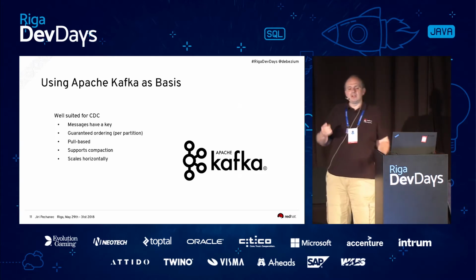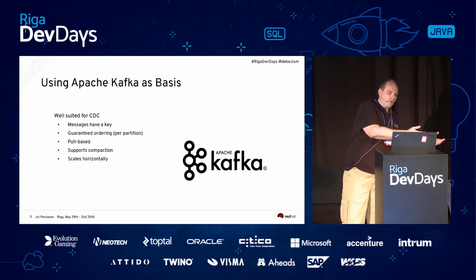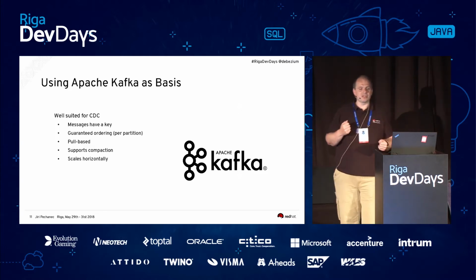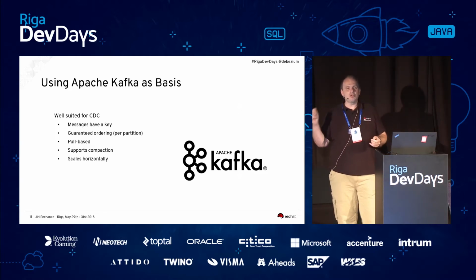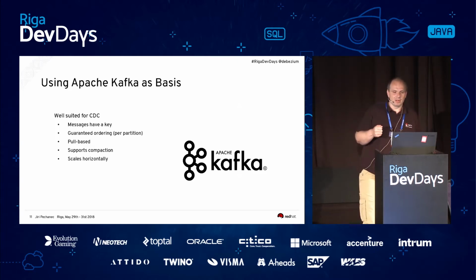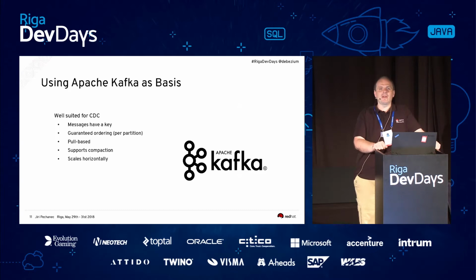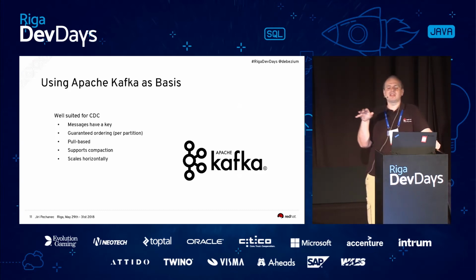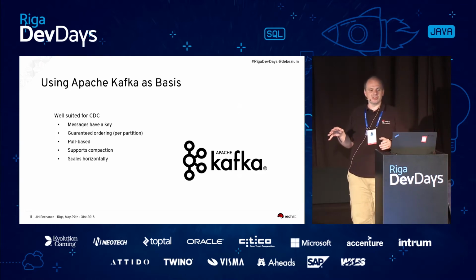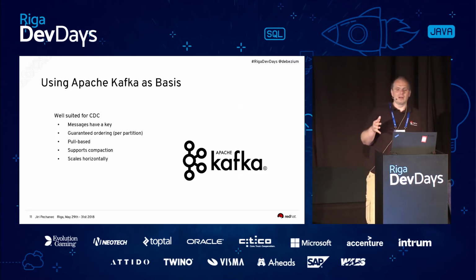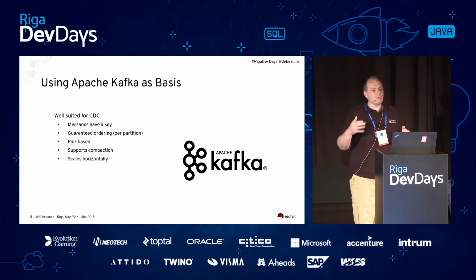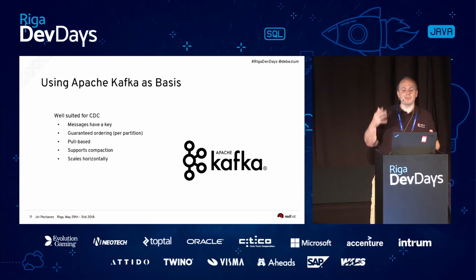Well, we know from where we get the changes, but where should we put those changes? We have decided to use Apache Kafka as a target storage for those changes, because Kafka is by itself very well suited for change data capture streams.